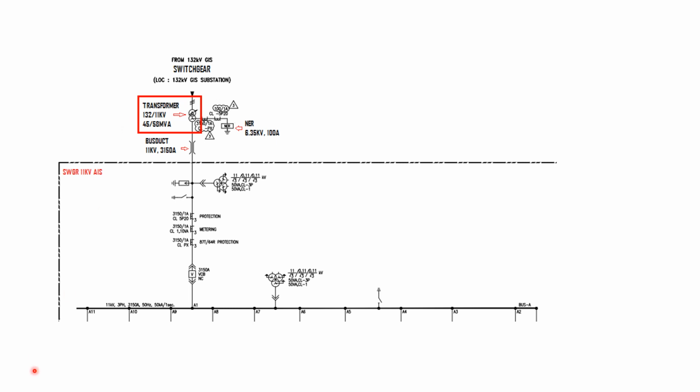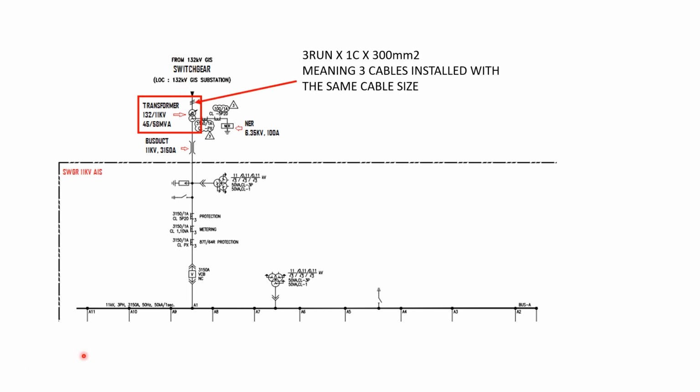From that transformer, you can see from the top what size of cable we are using. Based on the calculations, based on the load, that's why we identify the cable size from the switchgear to the transformer.